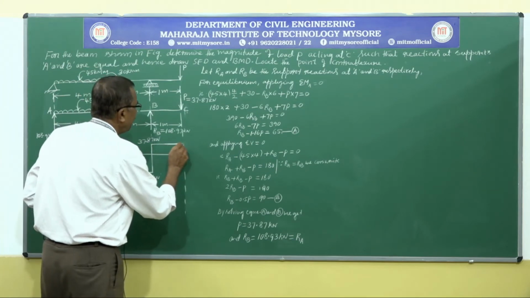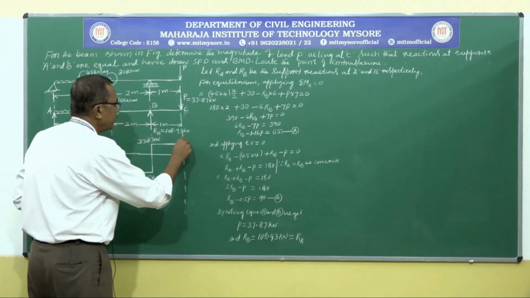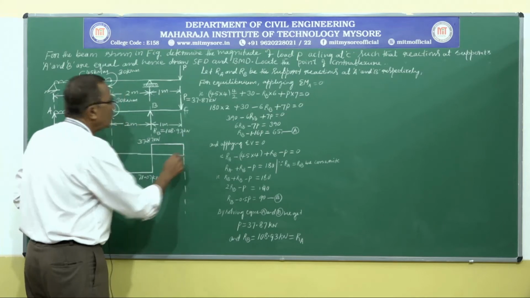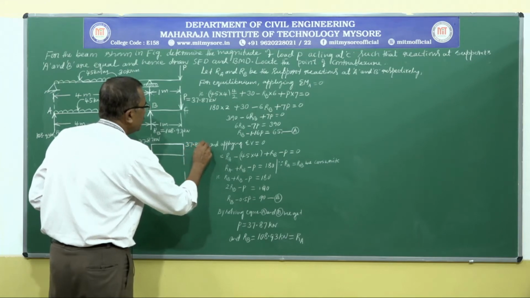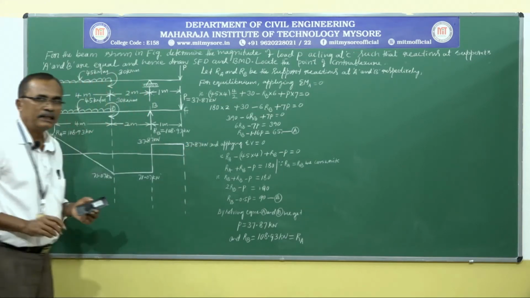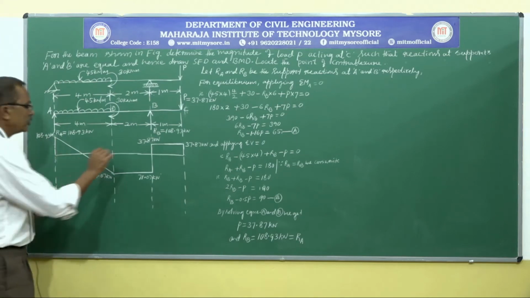and at point C there is a point load acting in the downward direction. The magnitude of the point load is 37.87 kilonewton. So like this we can quickly draw the shear force diagram.